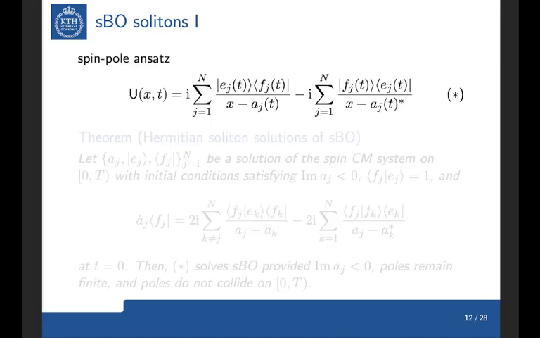So the result follows by inserting the following, what we call a spin pole ansatz, into the spin-Benjamin-Ono equation. It's a spin pole ansatz because it involves time-dependent poles moving in the complex plane, but it also involves these spin variables e_j and f_j coming from the spin-CM systems.